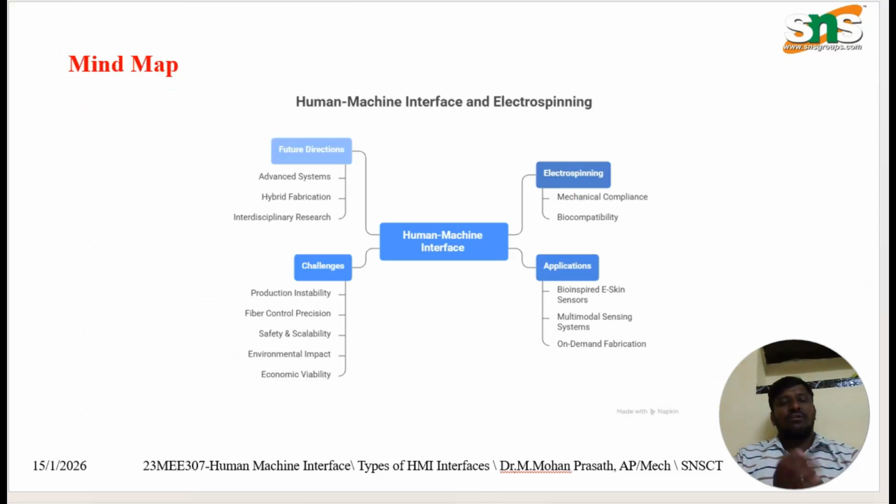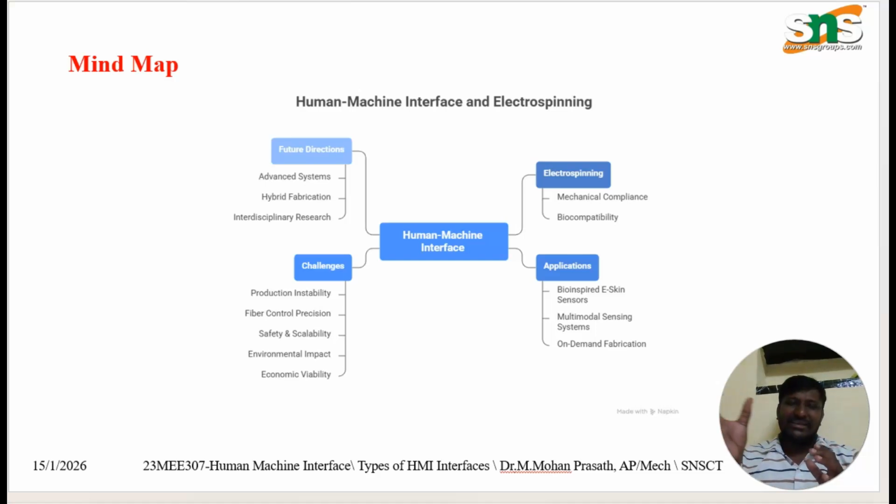Next, we will summarize the session. In this PPT, we discussed an example of human interfaces, one of the physical control based human interfaces, which is the electrospinning technique. The electrospinning technique is used to convert the polymer solution into nanofibers. The advanced applications of electrospinning are bio-inspired e-skin, multimodal sensing systems, and on-demand fabrication.